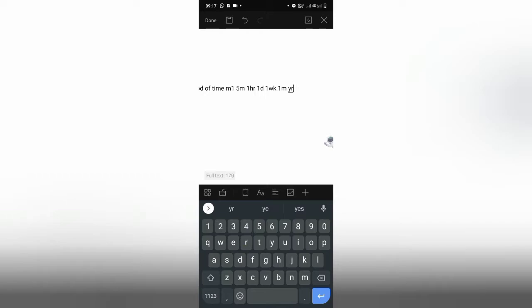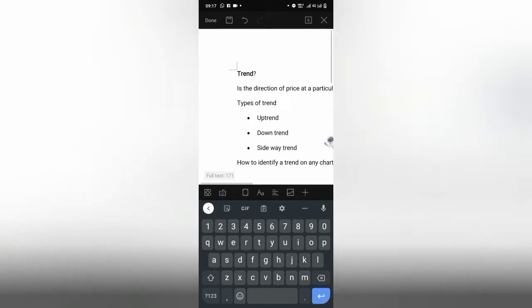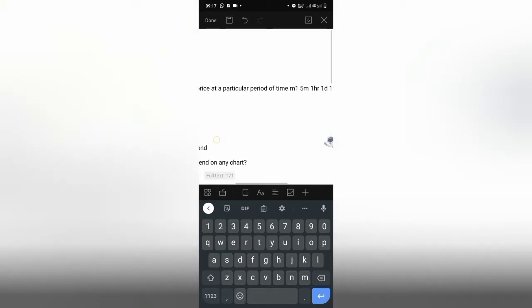You get my point. A trend can trend in a year, in 1 month, in 1 week. So that is a trend.